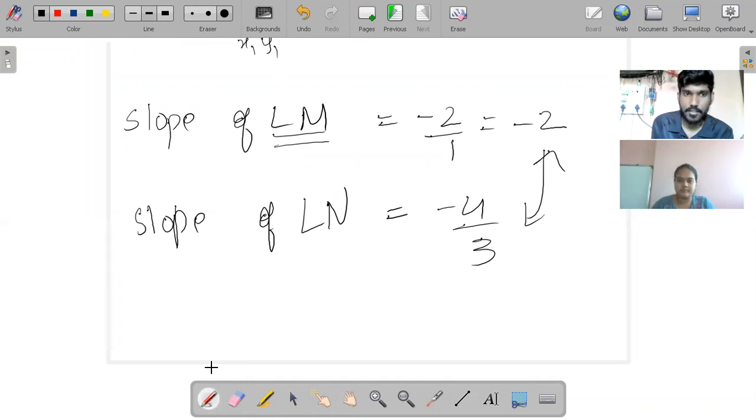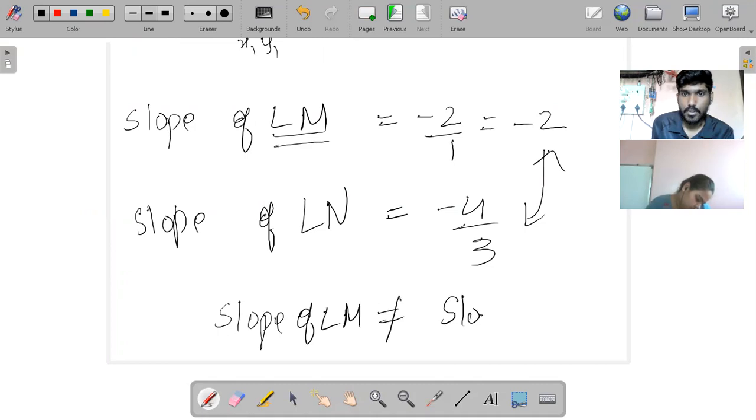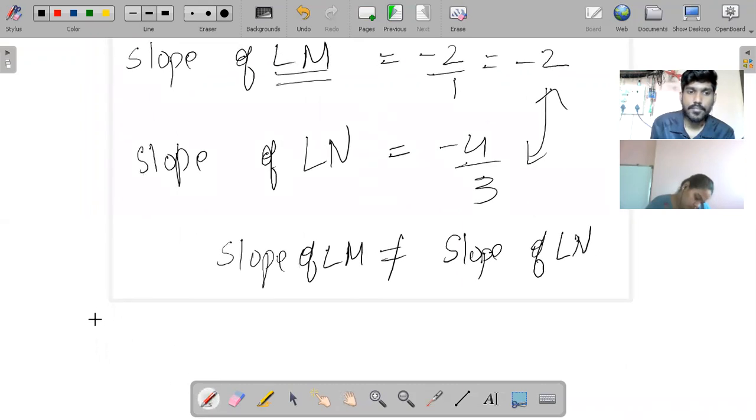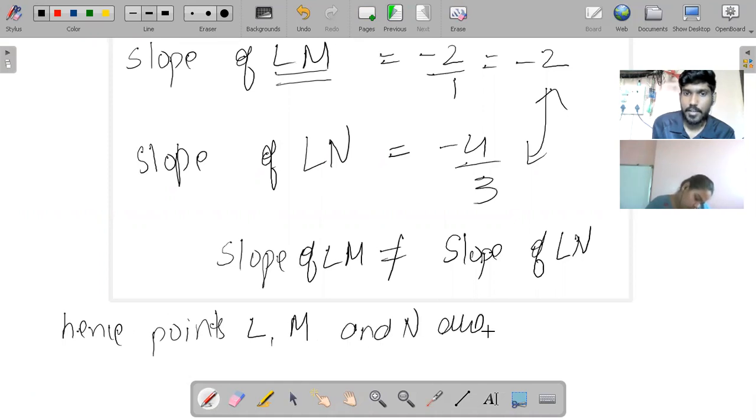So write the final answer. Slope of LM not equal to slope of MN. Hence, points L, M, and N are not collinear.